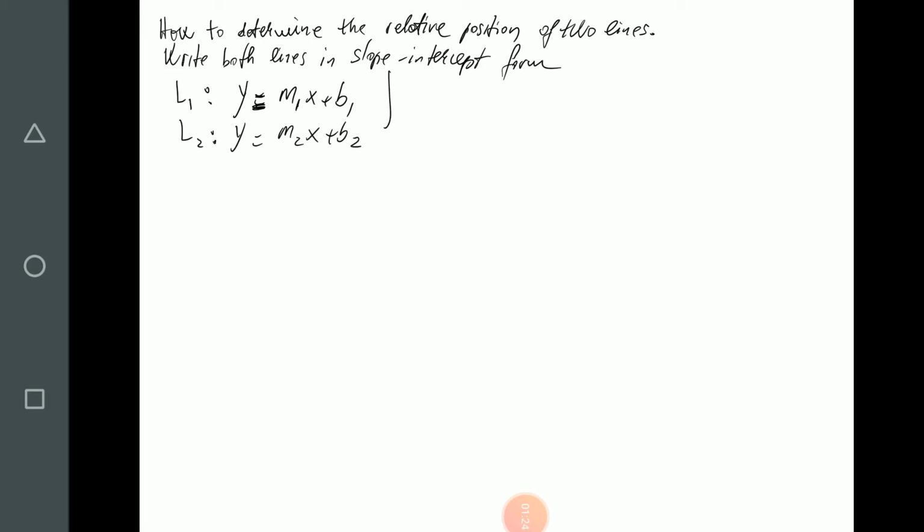So basically you have three possibilities. If the slopes are the same, remember the coefficient of x in the slope-intercept form is the slope of the line, and the intercept is the same, obviously the lines are coincident. They're the same essentially. If the slopes are different, then the lines are intersecting.